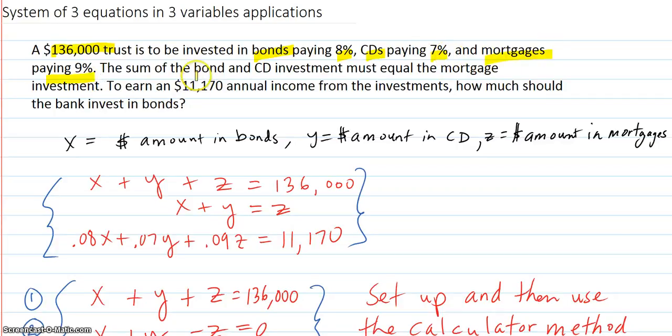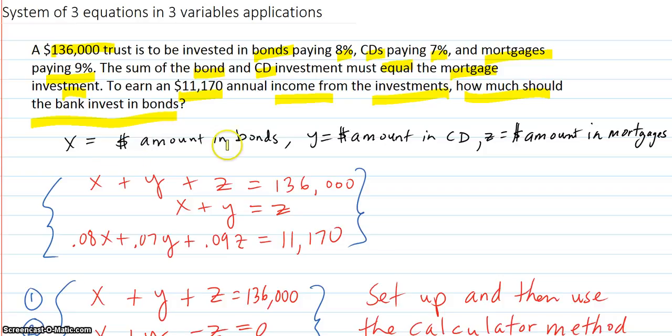The sum of the bond and the CD has to equal the mortgage investment. So that sounds like another equation. We want to earn $11,170 income from the investments from the percentages. How much should the bank invest in the bonds?